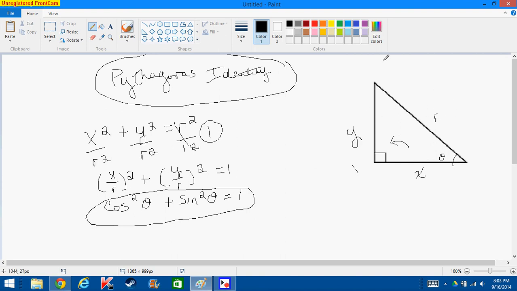We took a simple figure, a right triangle that we made from the intersection of an x value in the coordinate plane and a y value in the coordinate plane, and the radius, which again we'll talk about later, but now you can just think of it as a slope made by these two values here, or you could even think about it as the side drawn to connect these two values here. But now we've equated it, we've done some hairy algebra with it, and now we simply come up with that the cosine squared of theta plus the sine squared of that same angle theta will always equal 1.